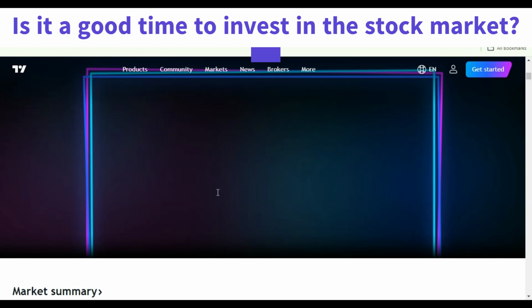They may hold positions for a short period, day trading, or longer, swing trading, or investing, or scalping. You have to get your strategy.